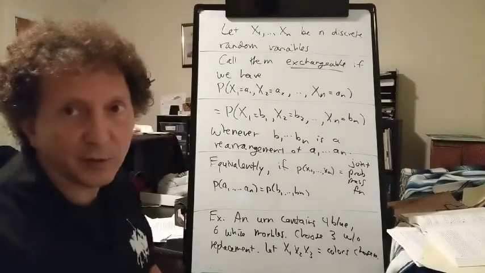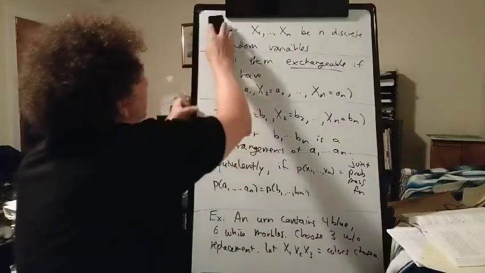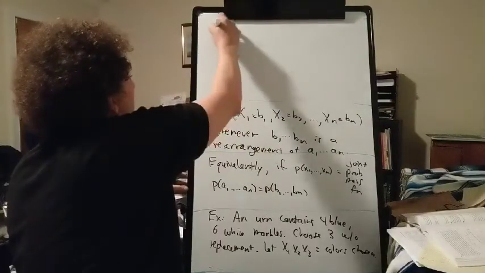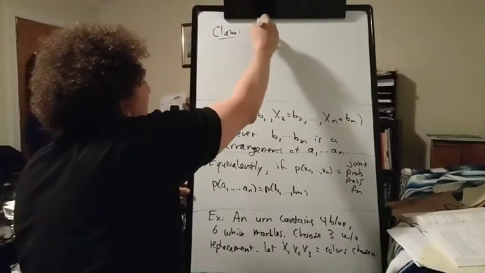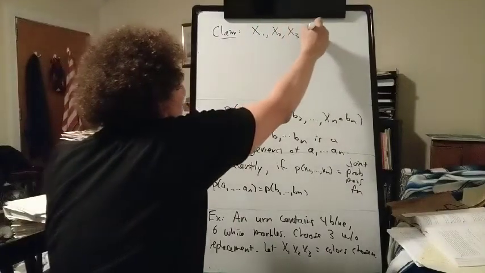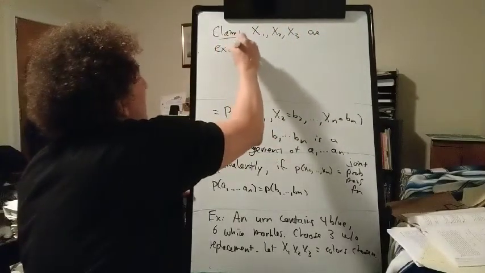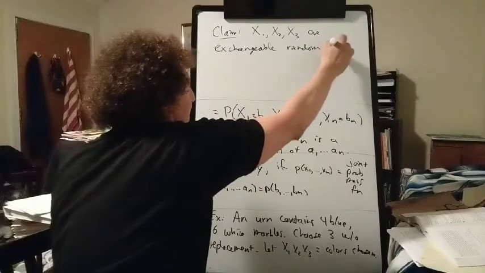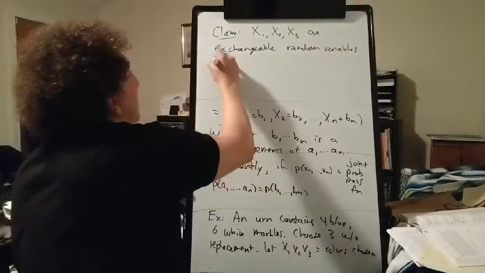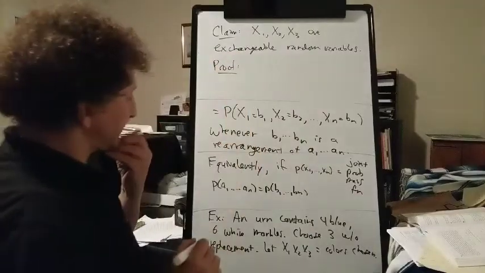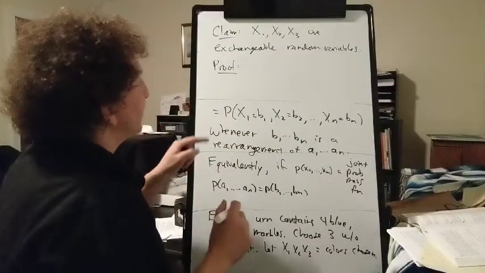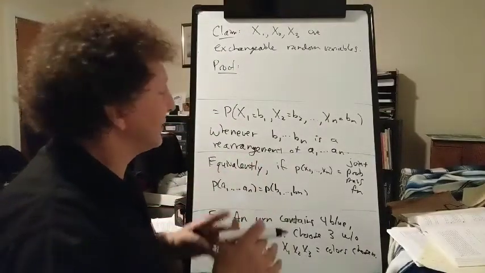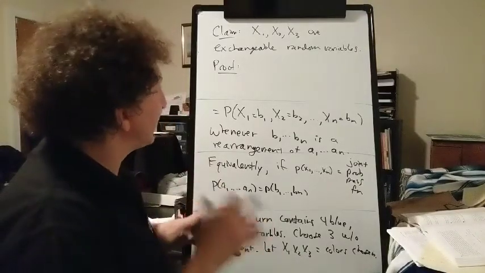I claim that X1, X2, and X3 are exchangeable random variables. That is, if we look at the colors, the order that the colors come in doesn't matter. It's just the collection of colors.